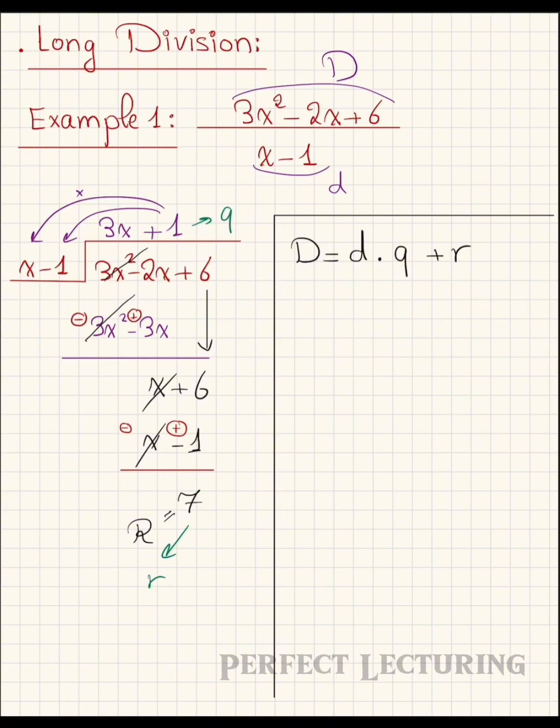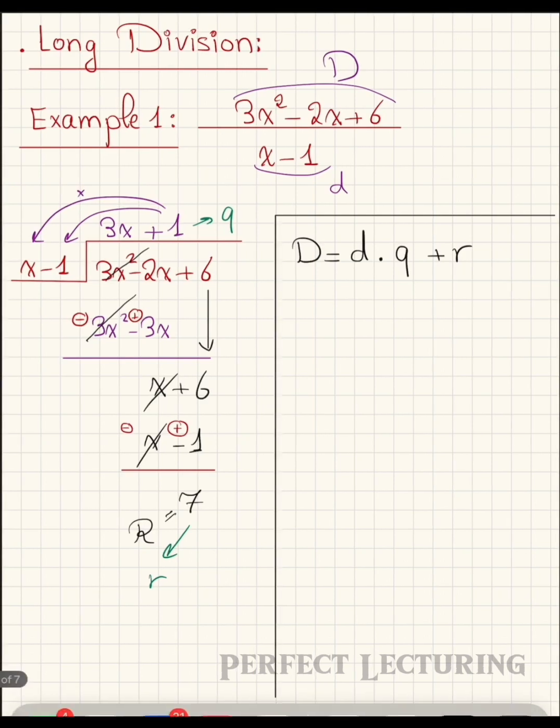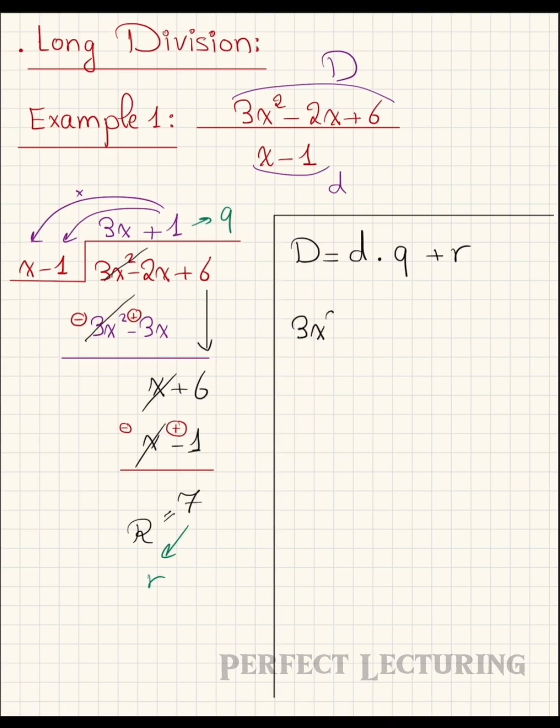Doesn't matter whether you use small r or capital R. So the answer will be the dividend, which is 3x squared minus 2x plus 6, equals the divisor, and this is x minus 1, times the quotient, which is 3x plus 1, plus the remainder, which is 7. And if you just simplify this expression, you must end up with the dividend.